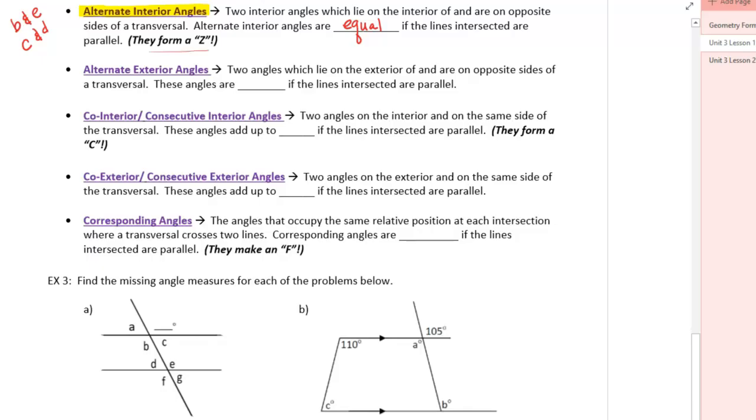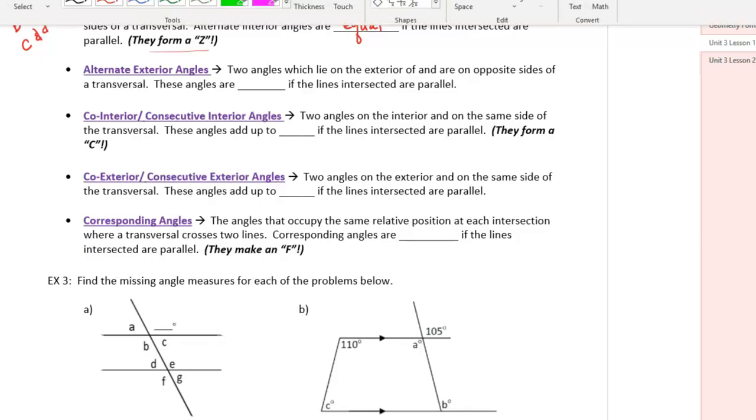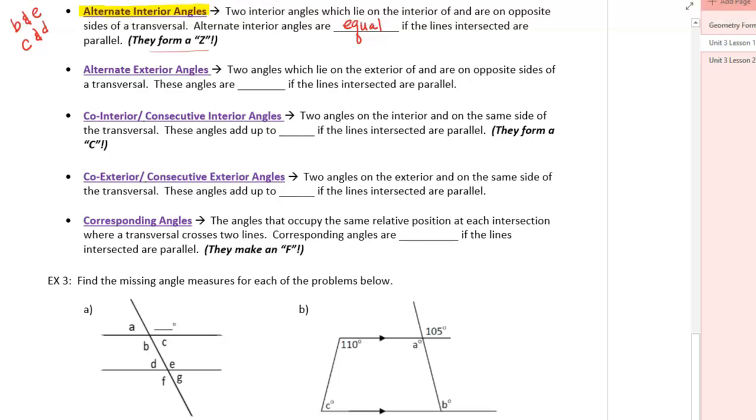We also have alternate exterior angles. Alternate exterior angles are two angles that lie on the exterior, so either up here or down here, so that's outside the parallel lines, and they're on opposite sides of the transversal.